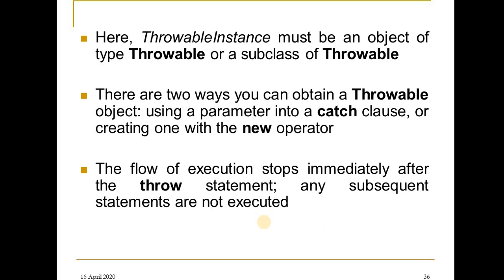The subsequent statements in the try block will not get executed because we are generating an exception and we are throwing an exception. Whenever an exception is thrown, it has to be handled immediately by the catch block. That is why the subsequent statements within the try block will not get executed.